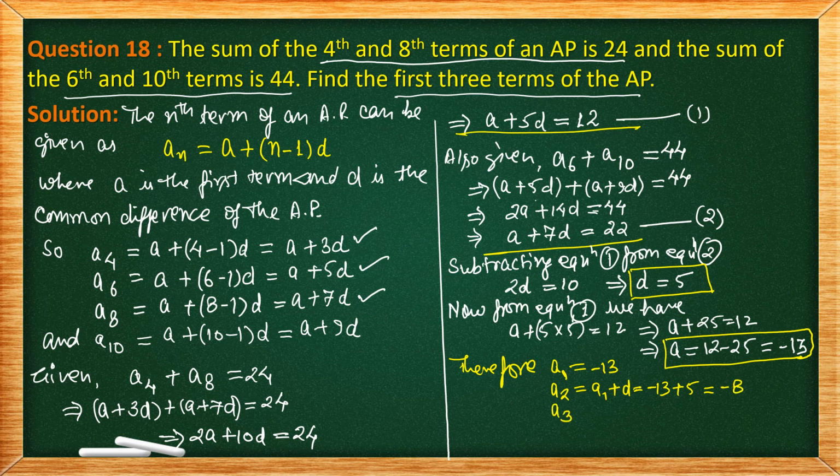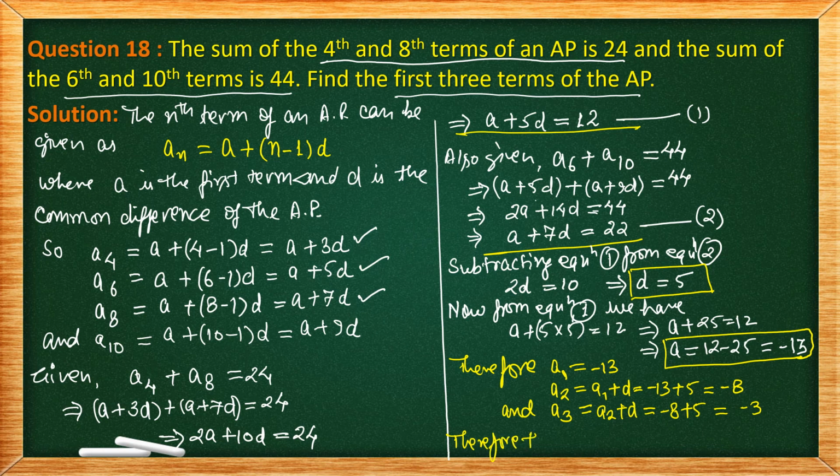We have to find out 3 terms, so a3 is a2 plus d, and this is equal to minus 8 plus 5, that is equal to minus 3.